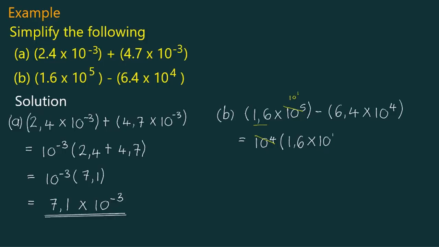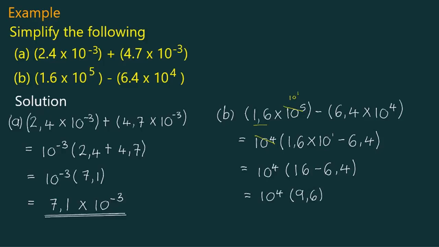And again we divide 10 to the power of 4 into this number here, and we'll be only left with minus 6.4. Simplifying what's within the bracket, 1.6 times 10 to the power of 1 gives us 16, so it's 16 minus 6.4, and we get 9.6.